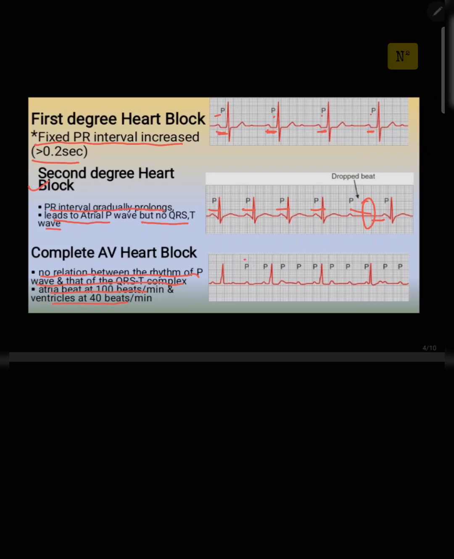If you see the individual PP waves, they are maintaining their duration, whereas the PQRS complex will vary. But when you check the QRS complex, that will be maintaining its duration. So that is showing you the complete AV block.